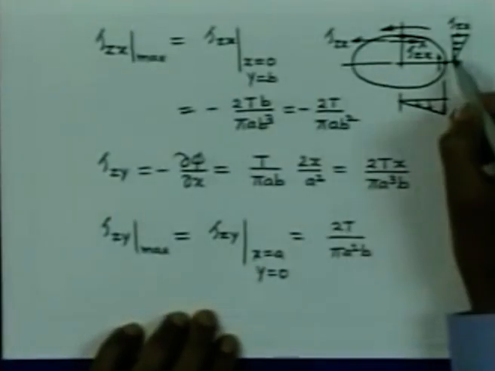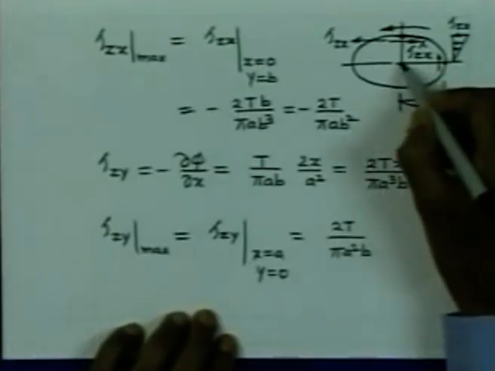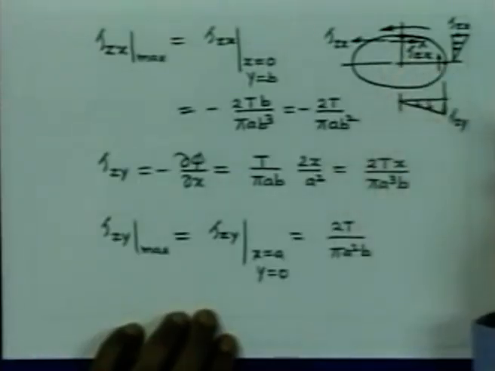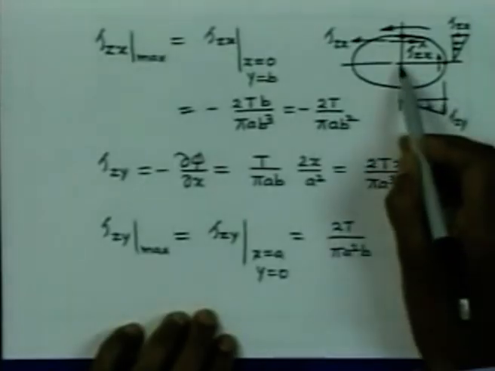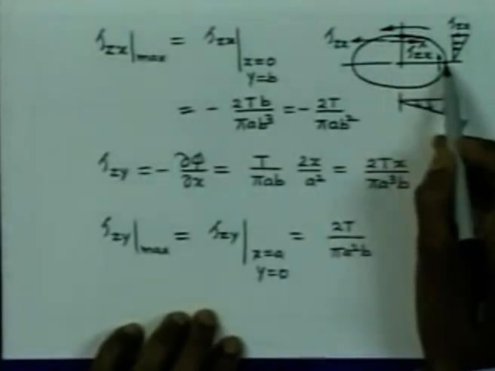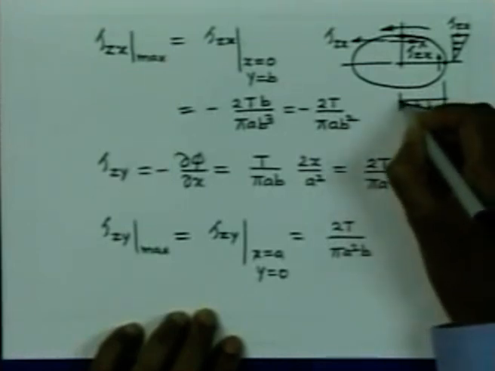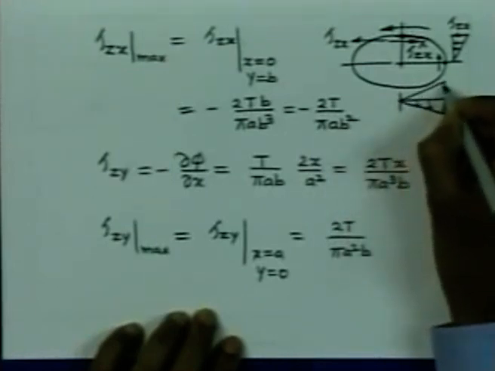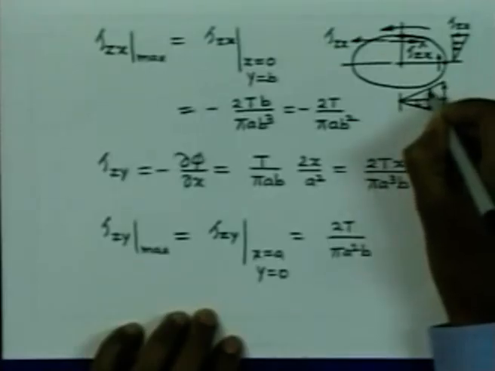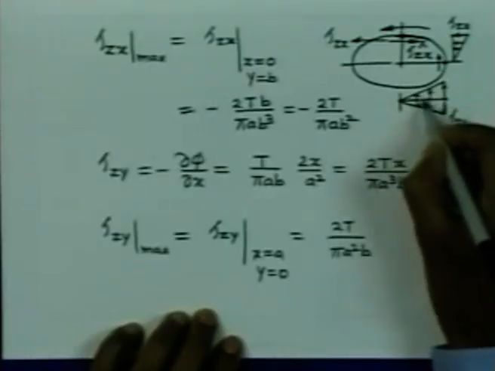In this case, the stress is varying linearly over the minor axis, so also over the major axis. If you would like to show the stresses in the same sense as the torque, then this will be the direction.